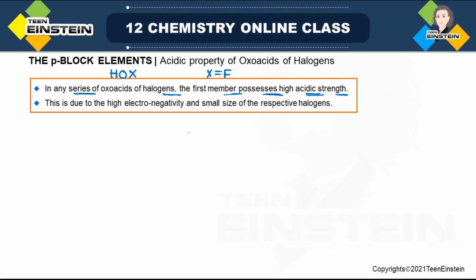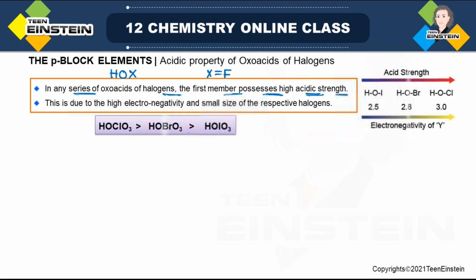That means if you are given some examples, suppose you have been given these 4, all having the same formula, HXO4, but you are changing the halogen. So when you change the halogen, the one with maximum electronegativity will be the most acidic. So this is the acidity order. In any series of oxoacids of halogens, the first member will possess high acidic strength.